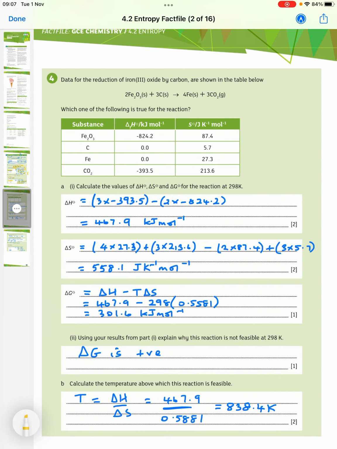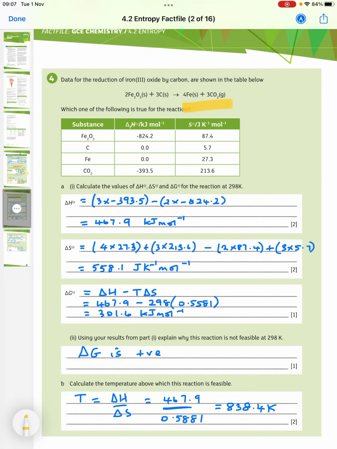Number 4, data for the reduction of iron 3 oxide by carbon are shown in the table below. The equation for that reaction: 2Fe2O3 solid plus 3 carbon solid gives you 4 Fe solid and 3 CO2, which is gas. Which one of the following is true for the reaction? Calculate the values of delta H, delta S and delta G for the reaction at 298. So for delta H, we're just looking at the products.